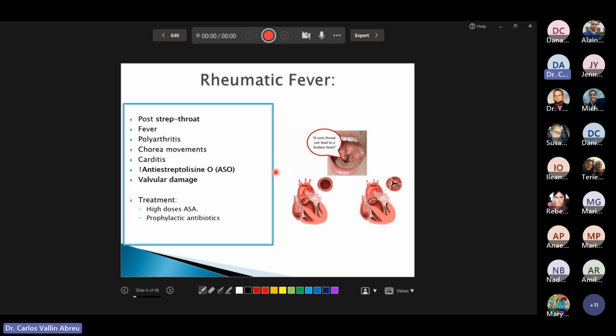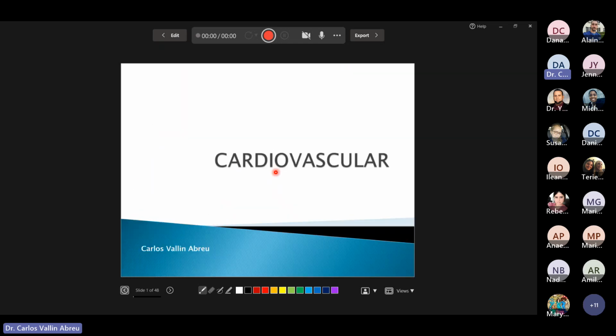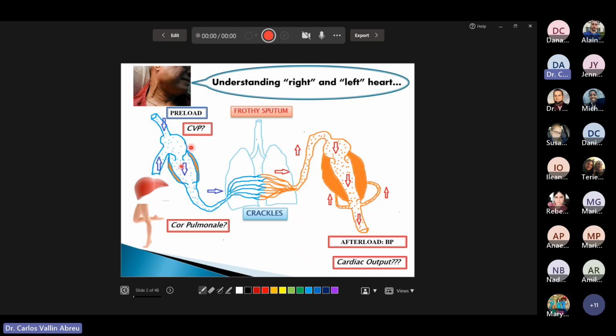Transiently, bacteria can translocate to the blood and circulate in the blood of the client. Immediately the immune system will detect those bacteria circulating in the blood and will destroy them, and this transient bacteremia has no consequences.